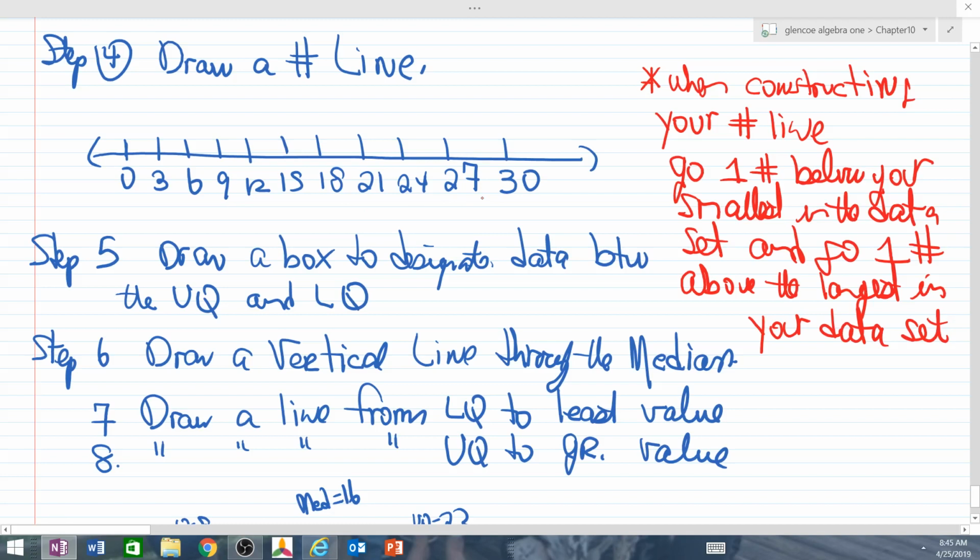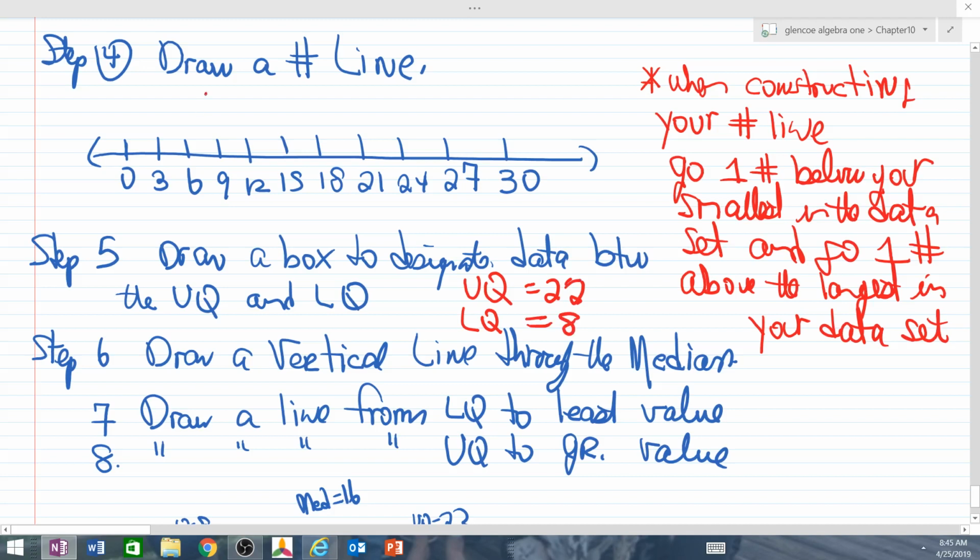and 30. The next step is we are going to draw a box to designate the data between the upper and the lower quartile. So what was the upper quartile? Who remembers? And what was the lower quartile? 8? Okay. So it's going to look like this.